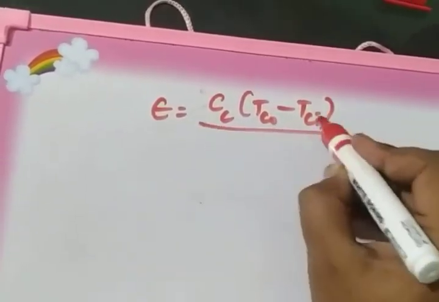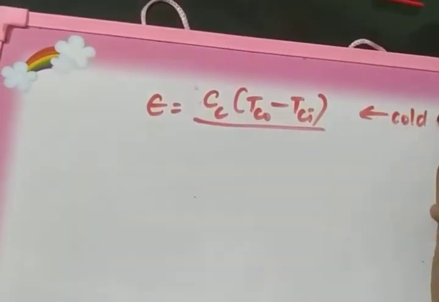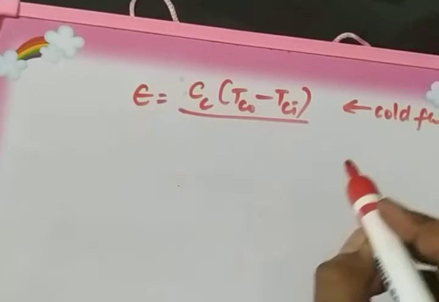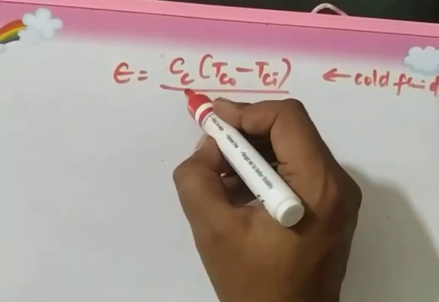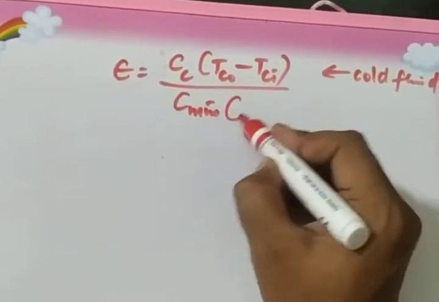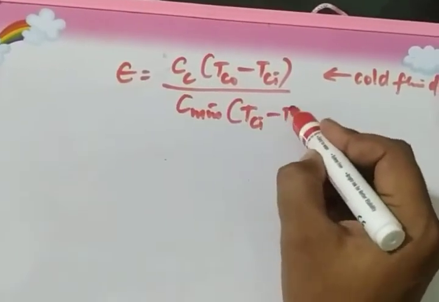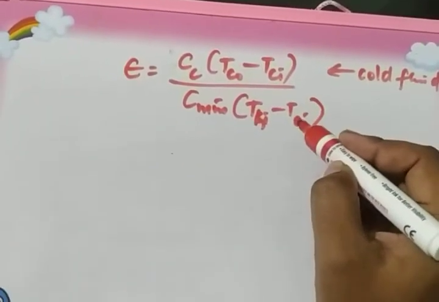This will give us the heat gained by the cold fluid. Correct? So that divided by maximum heat transfer, given by Cmin into THI minus TCI.